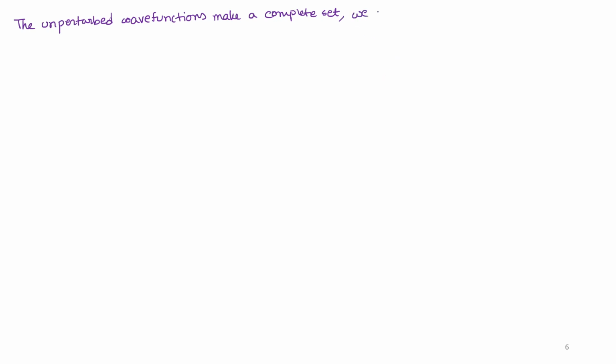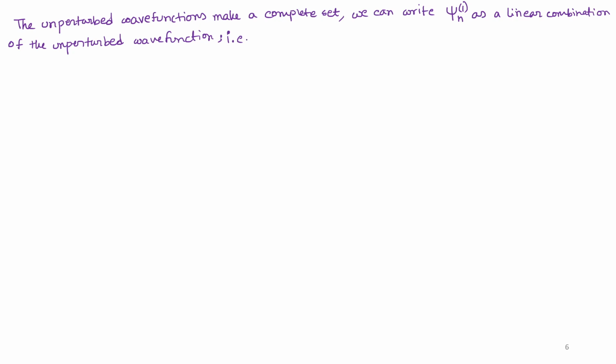So we can write our first order correction, not really the first order correction, lambda is there, but psi n1 as a linear combination of the unperturbed wave functions, that is, your psi n1 is the sum of Cm psi m zeroth, where m is from 0 to infinity.